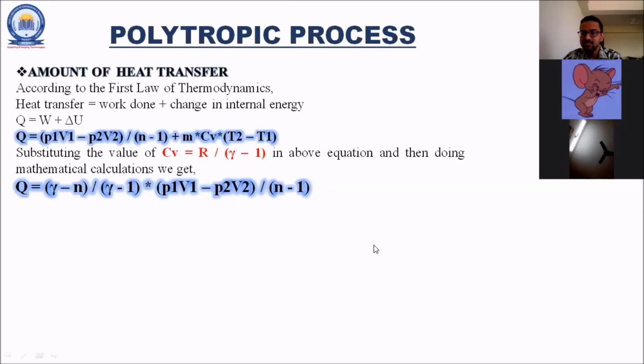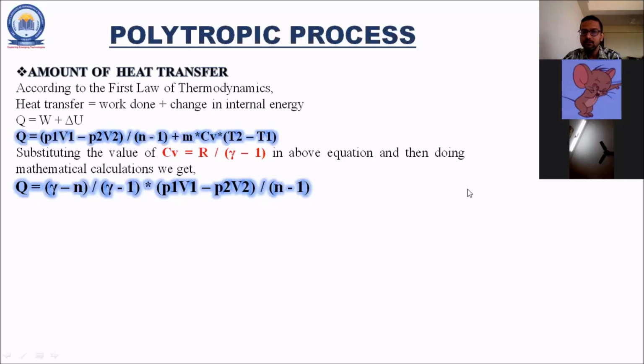If you are getting this answer, kindly give me your confirmation in the chat box, if you are understanding these steps. Okay, I am already receiving the responses from the students.